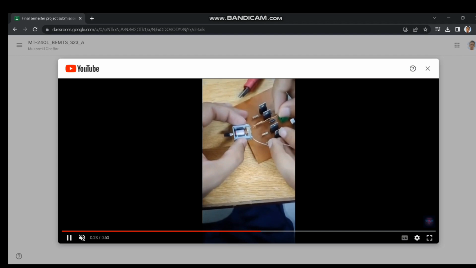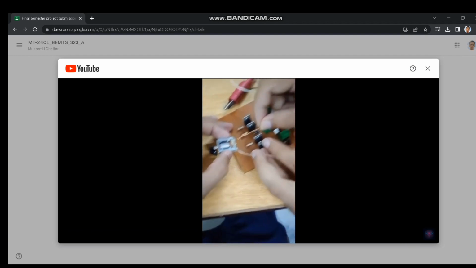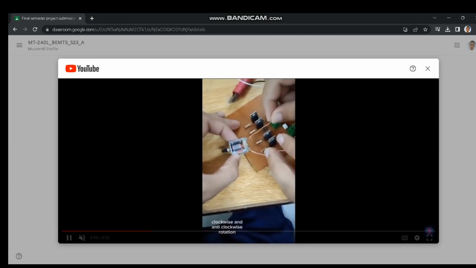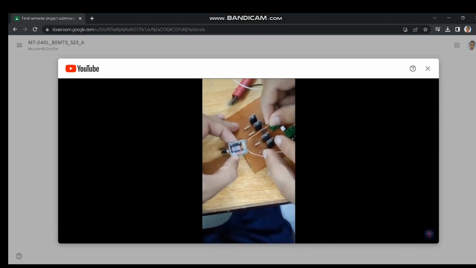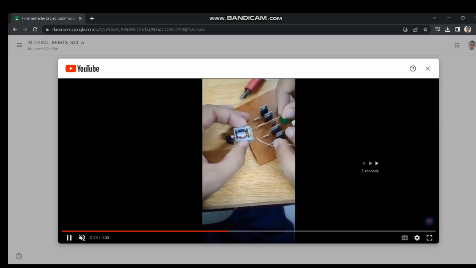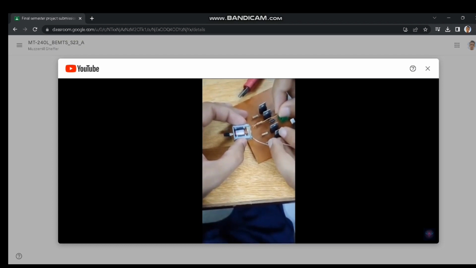Now the motor is rotating in the clockwise direction. Now here you see when it is connected, it rotates in the anti-clockwise direction, right? And here it will rotate in the clockwise direction. See, it rotates in the clockwise direction.